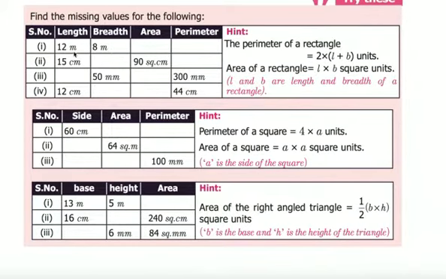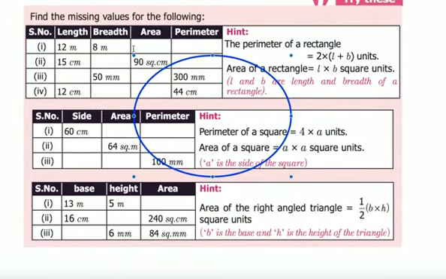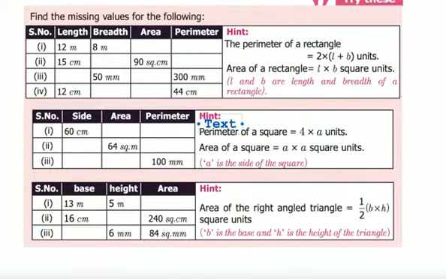Then what is the area? Length into breadth, that is 96 square meters. Perimeter of the rectangle, add these two, 20 into 2, 40 meters. Units are very important here. You must always look for these units, otherwise you may go wrong.